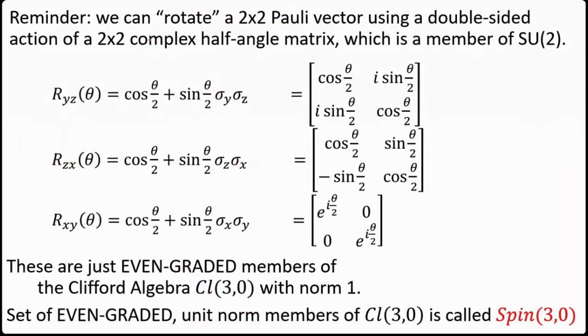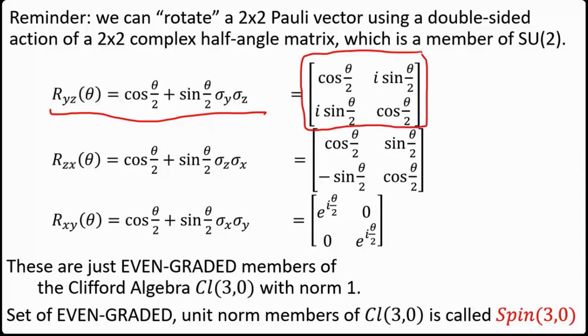Some of you weren't in the previous call last week, but you'll recall that we found the 2x2 complex half-angle matrices. This was an example here, and that would do a rotation on your spinor in the YZ plane.